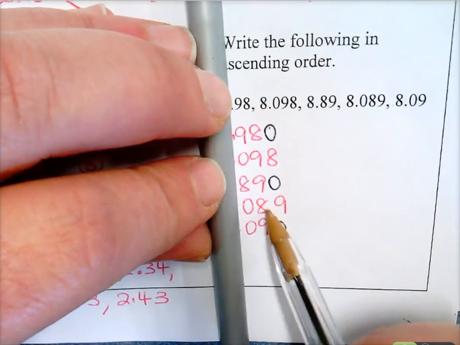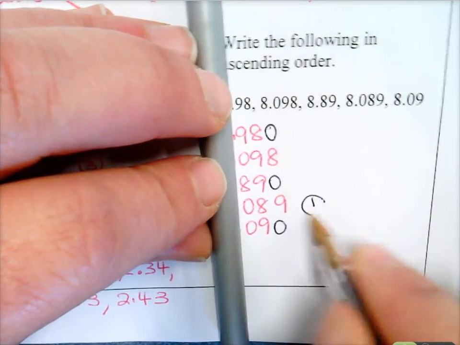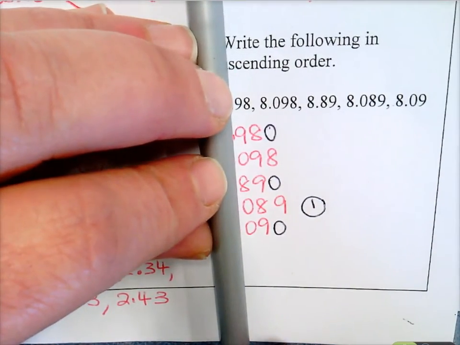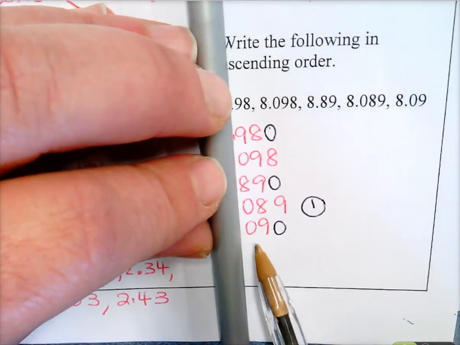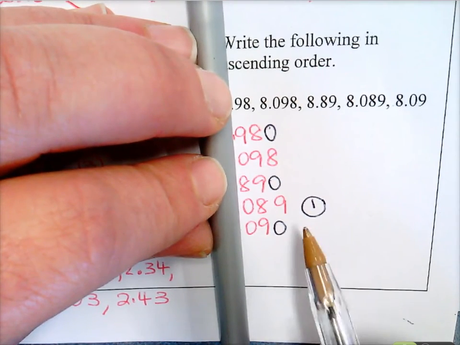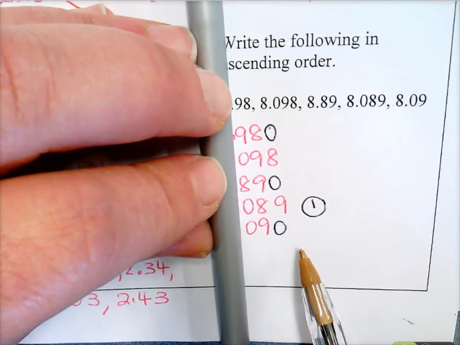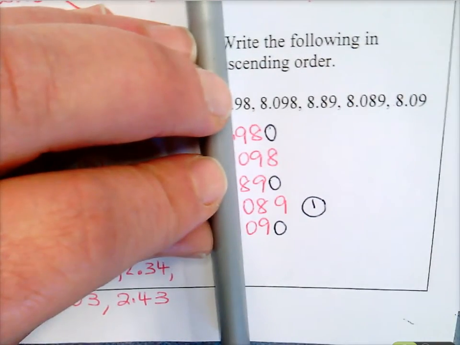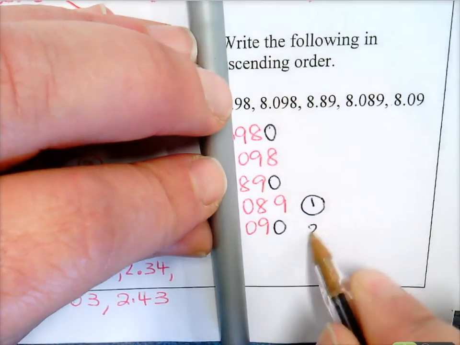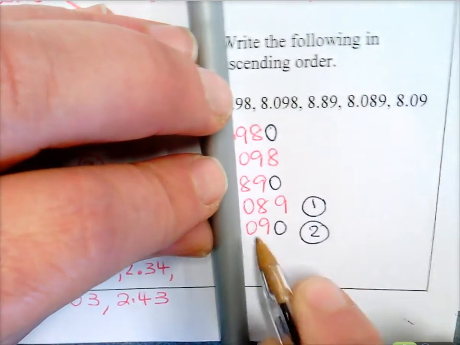Girls, the 089 is the smallest. What's the next smallest? 089 is just 89. What's the next smallest? Girls, do you know what's the next smallest? 90? See, that's 89. 90.